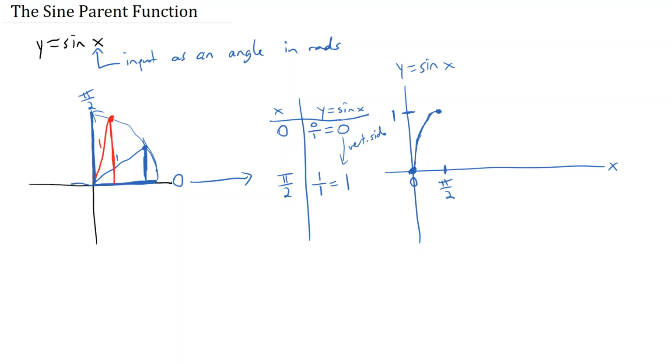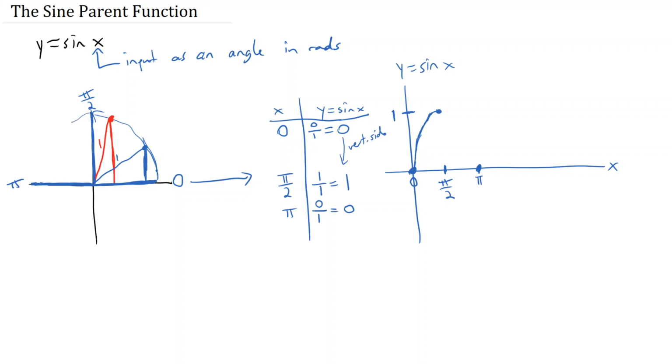Now let's rotate to an angle of pi. So I'm looking at this terminal side. At pi, the vertical side is 0 again, and the hypotenuse is 1. So we get a ratio of 0. So at pi, I'm back down here at 0.